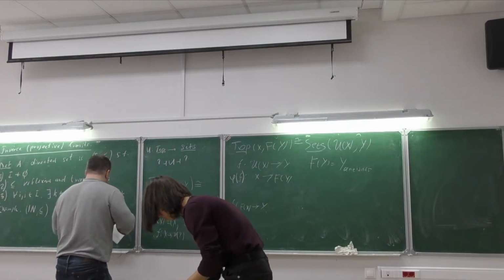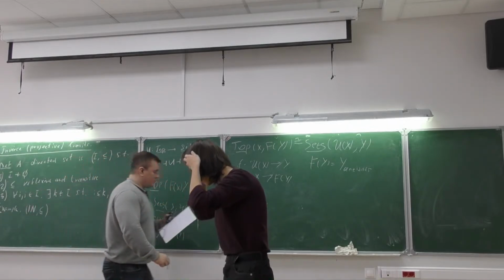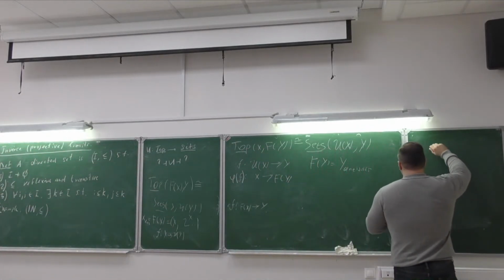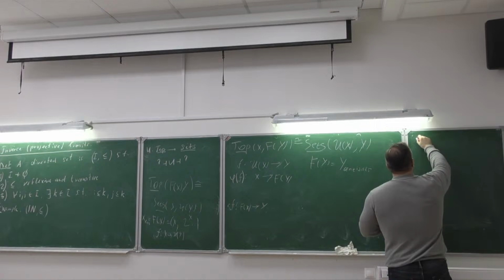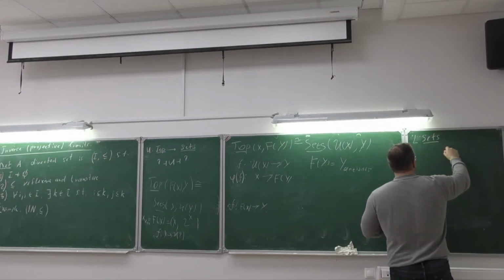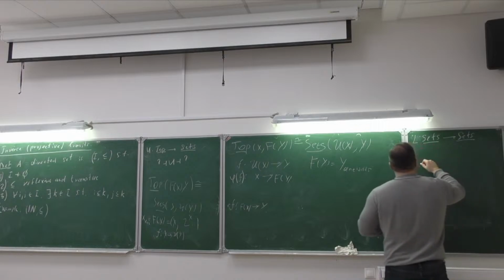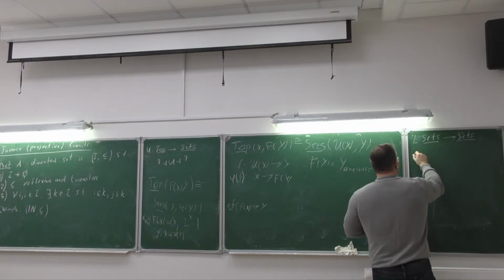So the problem is the following. Now this will be just two functors between the category of sets. I'm going to call this L, since this will be the left adjoint. And L is defined the following way.